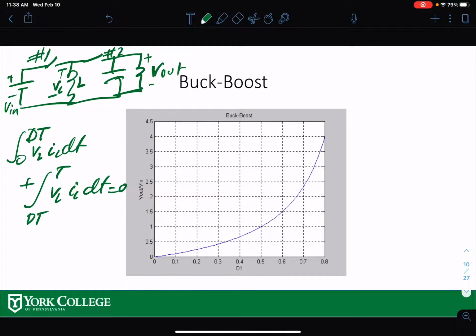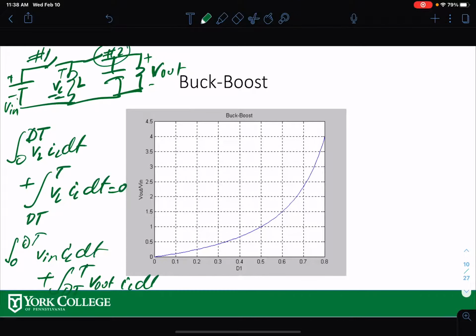Now when switch 1 is on, your VL is actually V in, so I can replace that here. So V in, IL, dt, plus, when switch 2 is on, your VL would be V out, so V out, IL, dt, should be equal to 0.